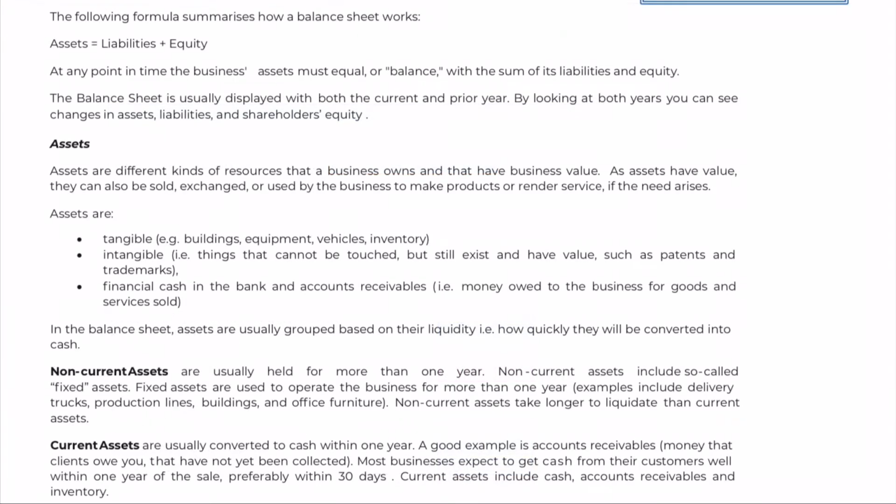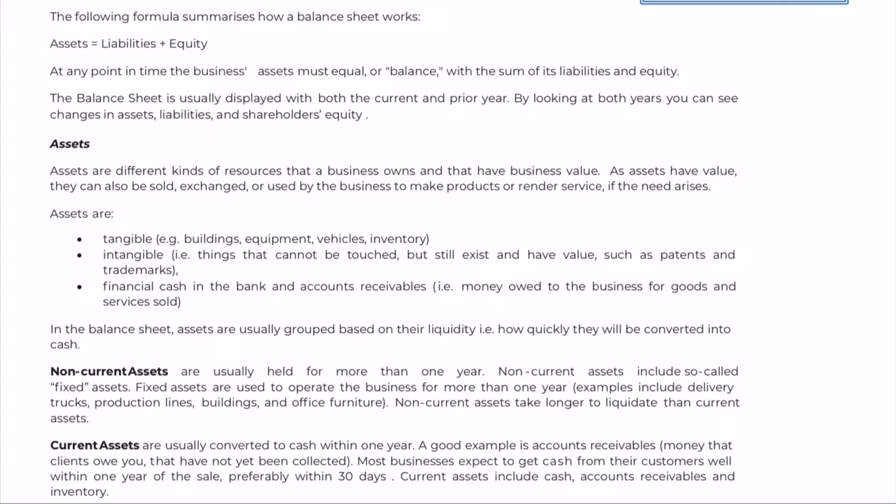So the first category is non-current assets, which are items held for over 1 year. These are usually property, equipment, fixtures and fittings, or furniture and vehicles.